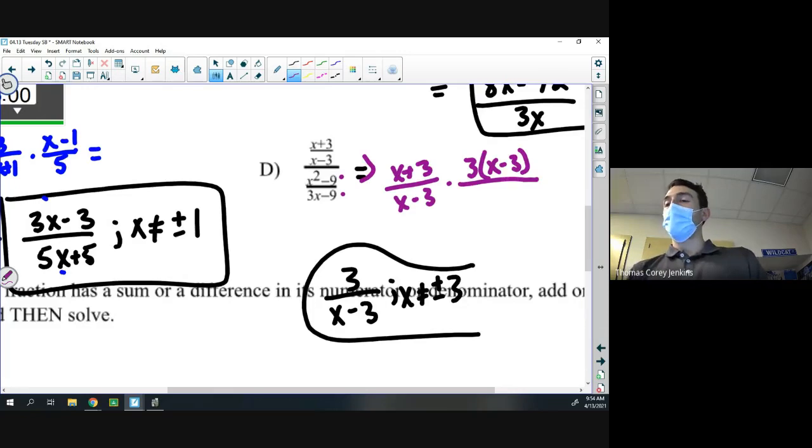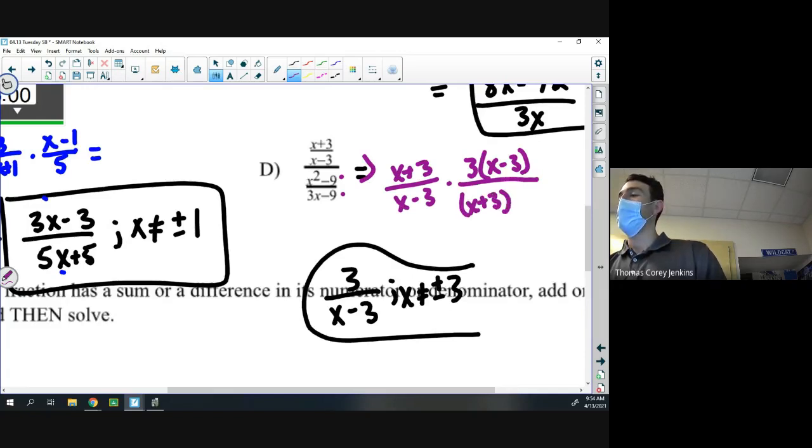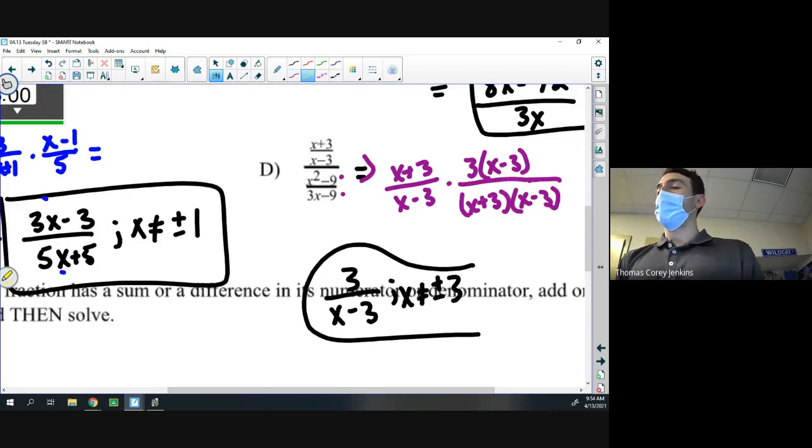And then this is going to be my denominator because I'm multiplying by the reciprocal, and that's a difference of squares, so that'd be x plus 3 times x minus 3. And then we're multiplying straight across after we reduce, okay? So x plus 3 cancels with x plus 3. X minus 3 cancels with x minus 3. And what we're left with is 3 over x minus 3, which you can see is our answer.